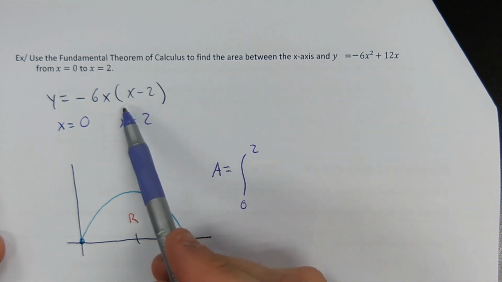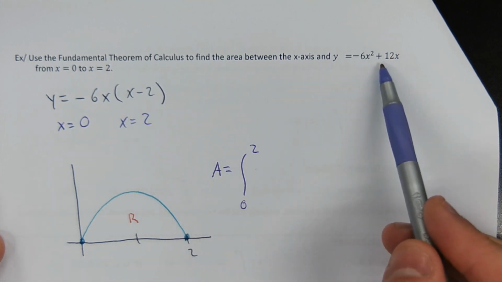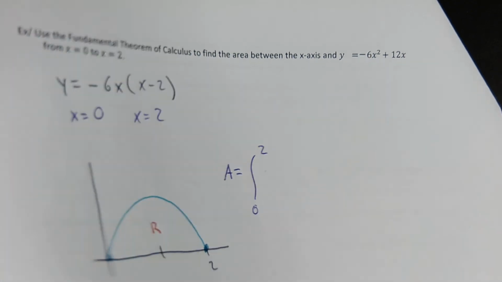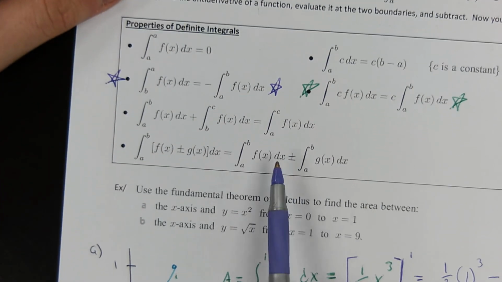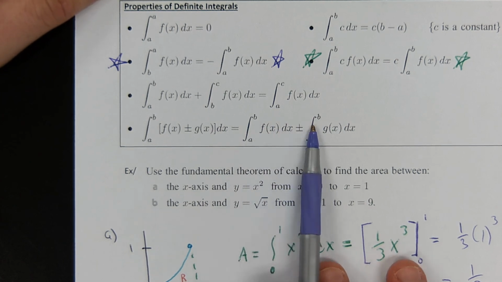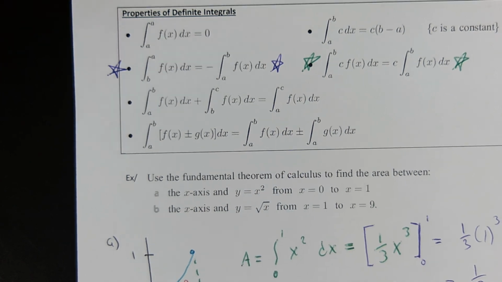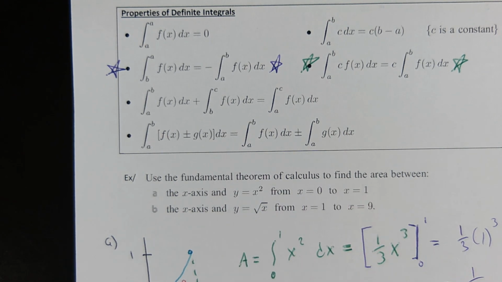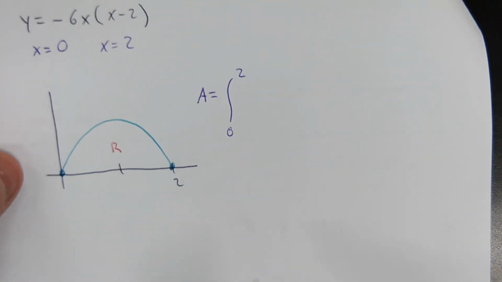Don't try to do it with this. Use this, because then we could use this rule right here that allows us to do quote-unquote spot integrals. It allows us to break polynomials up into tiny integrals that are strung together with pluses and minuses. And you notice how they keep the same limits of integration. So that's what we're going to do here.